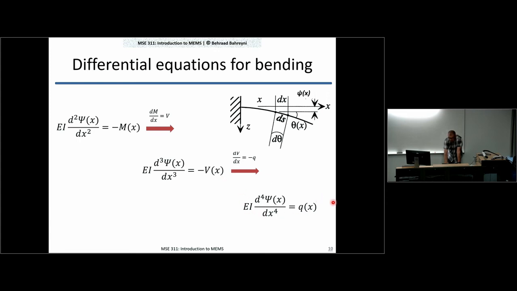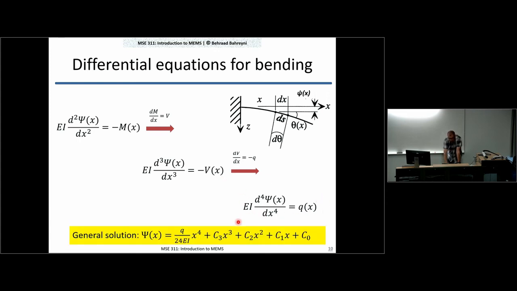Looking at this most general case, at the end of the story, you get a solution like this. You integrate that equation 4 times, you get a general solution that is a polynomial of order 4 plus 4 constants that you have to figure out through applying the right boundary conditions to your structure. Okay? And that's basically it. So if you have a distributed load, you get this.